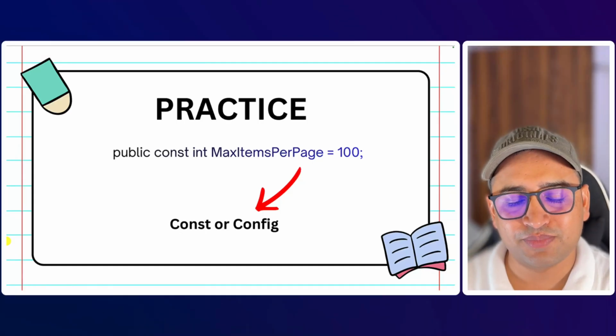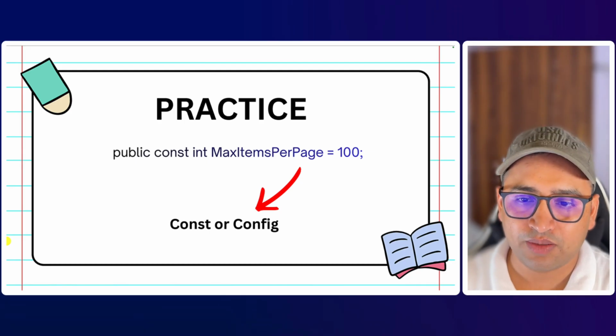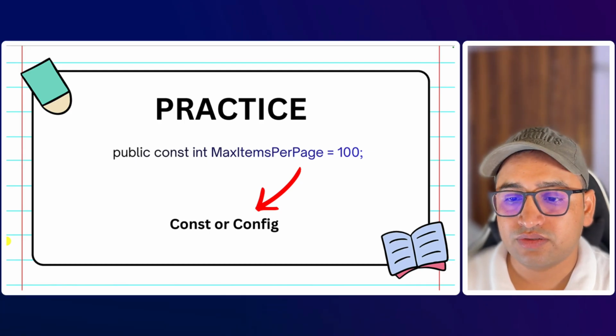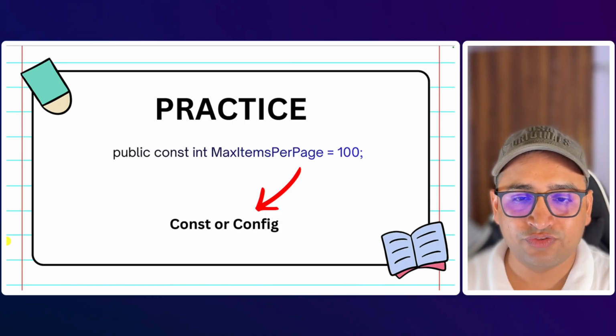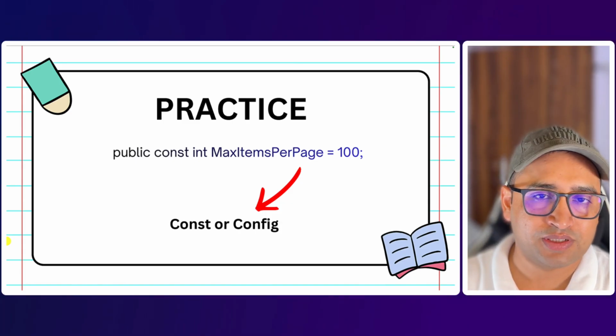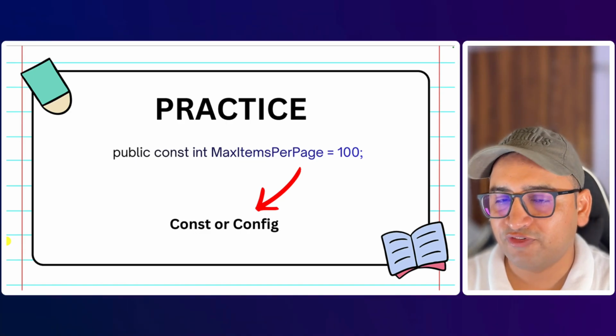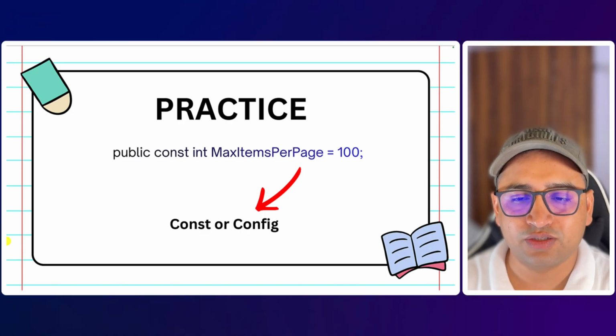Let's talk about this example. Here I'm writing the maximum items that I'm going to return from the API or from the database call. So this is 100. Now should I write this data in the constant or the configurations? This is a debatable thing, and this may depend on your application. If you are having the same fixed value in all the environments, in all the situations, then make sure to write it in the constant.